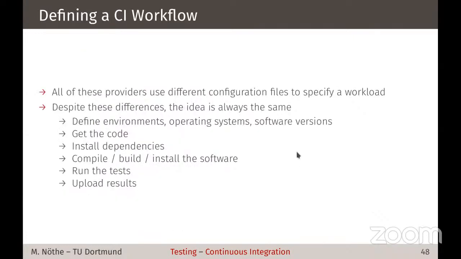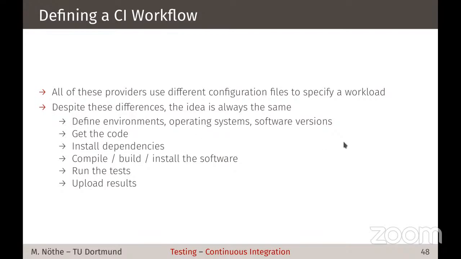And these work basically all very, very similar. You have to write some configuration file that defines the steps of your workflow. And unfortunately, there is no common standard. Each of these CI providers has their own formats and rules for how these configuration files will look, and they offer slightly different features, but basically everything in the end has to do the same tasks.